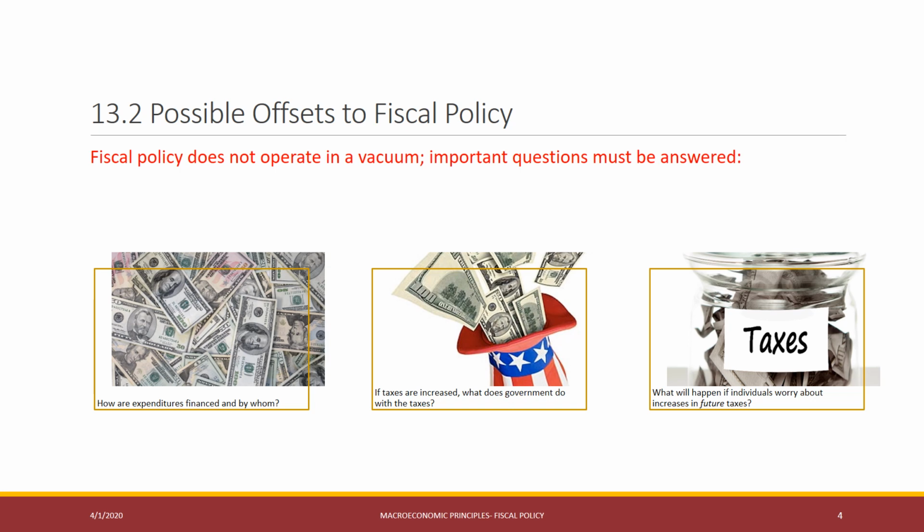Sometimes, the expectation of increase and decrease of taxes can change the mindset of individuals. So what do you have to do if there will be an increase in the taxes? All these questions involve offsets to the effect of current fiscal policy, and we'll consider them in detail in the subsequent slides.